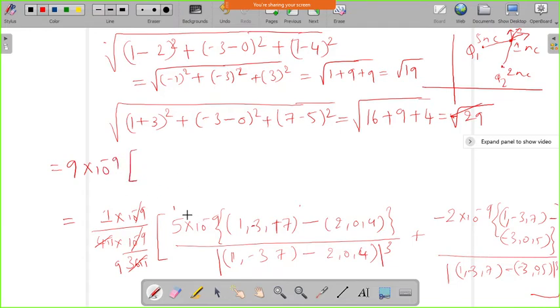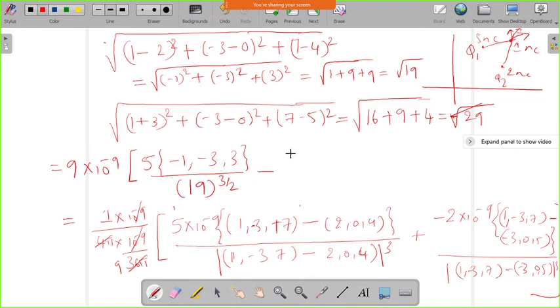So now what is available? It is 5 into, so now you can subtract the vector, that is 1 minus 2, which is equal to minus 1, minus 3 minus 0, which is nothing but minus 3, and 7 minus 4, which is nothing but 3. Similarly here, we can substitute the distance between these two charges, that is 19 power 3 by 2, or square root of 19 cube.